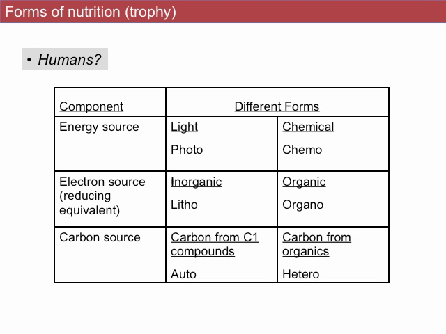So photolithoautotrophs, there's not just one way to do that. There's actually quite a diversity of ways that organisms acquire the energy from light, and there are quite a diversity of sources for the electrons as well as for the carbon compounds.